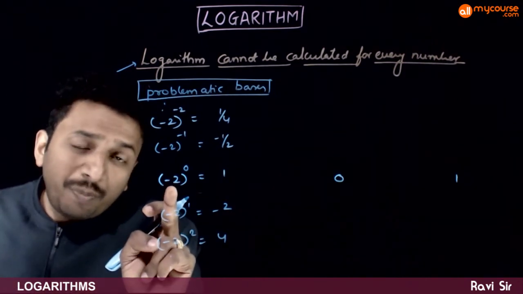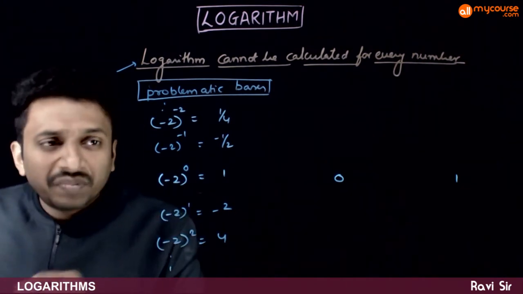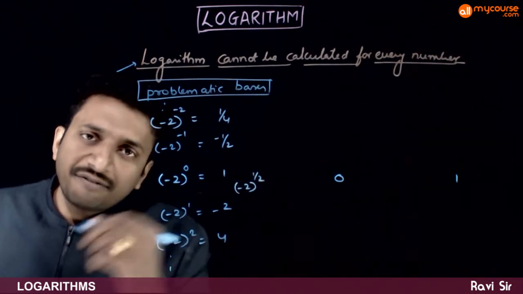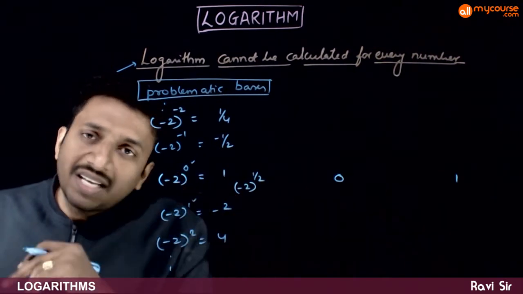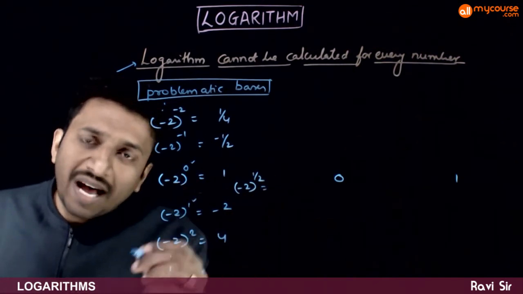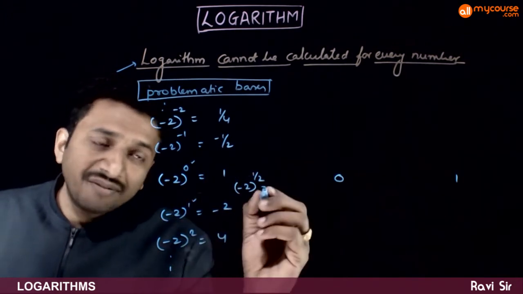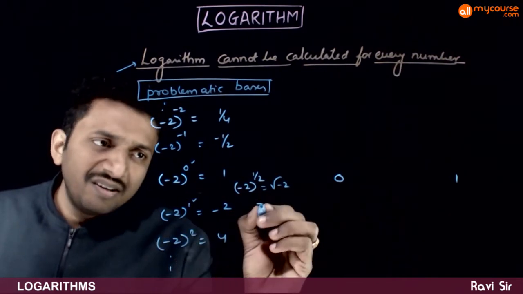But if you want to raise a negative number to fractional powers, you have a problem. For example, if you take minus 2 power half, a power between 0 and 1, minus 2 power half is nothing but the square root of minus 2, which is not defined.